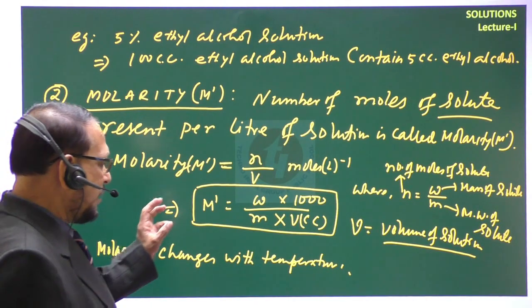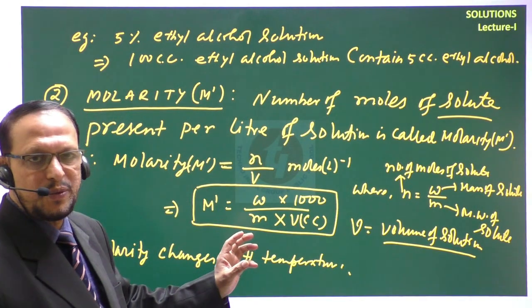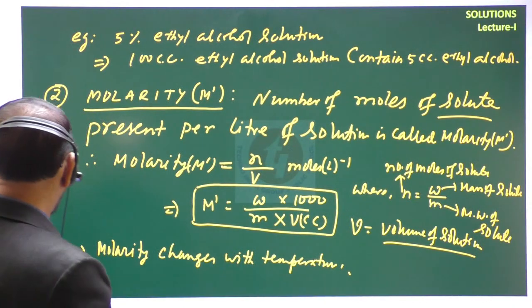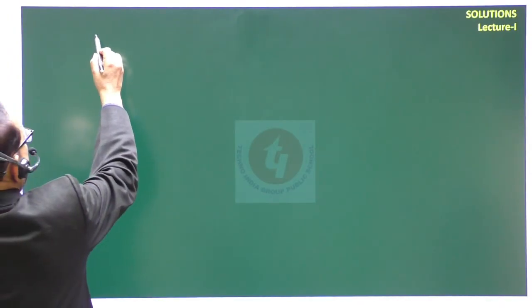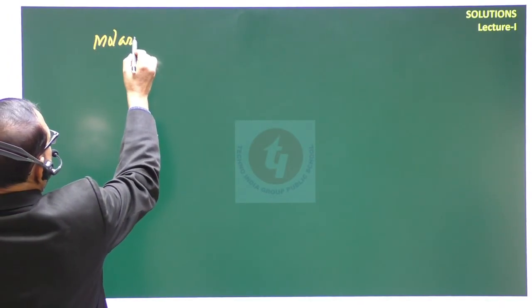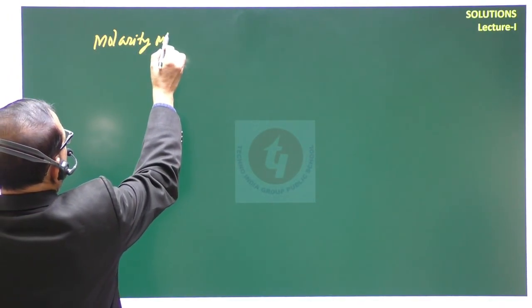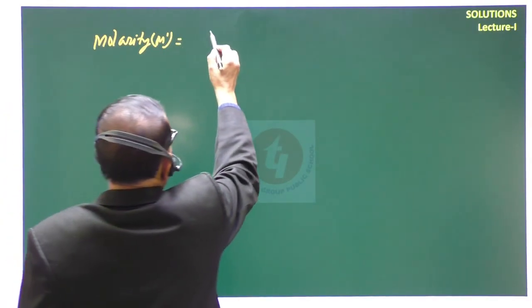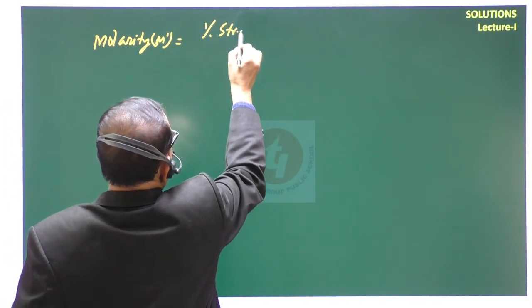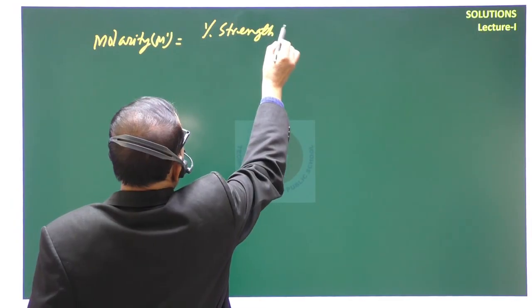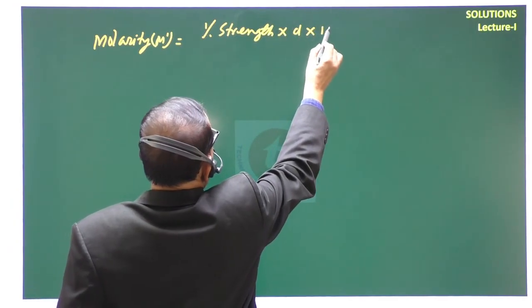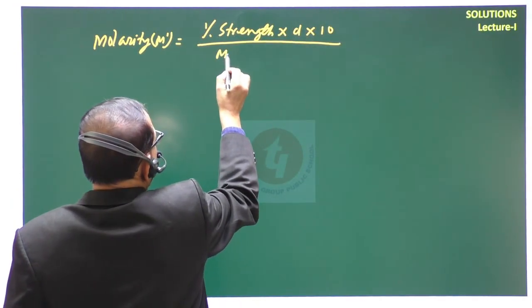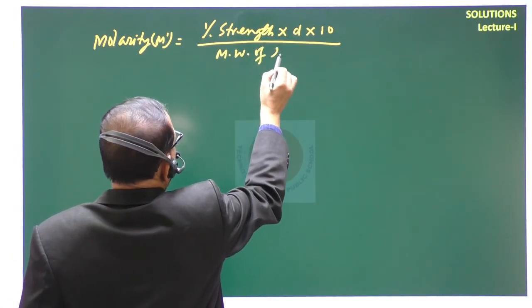If we write in terms of density, then we can write another definition of molarity: molarity equals percentage strength into density into 10 by molecular weight of solute.